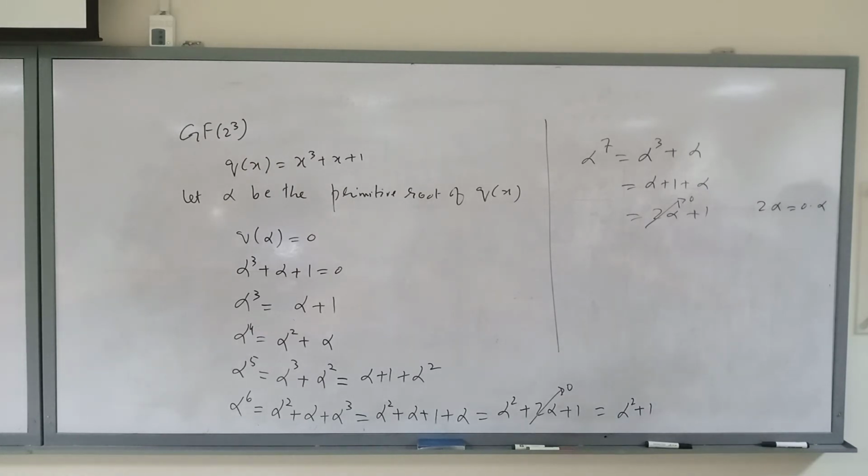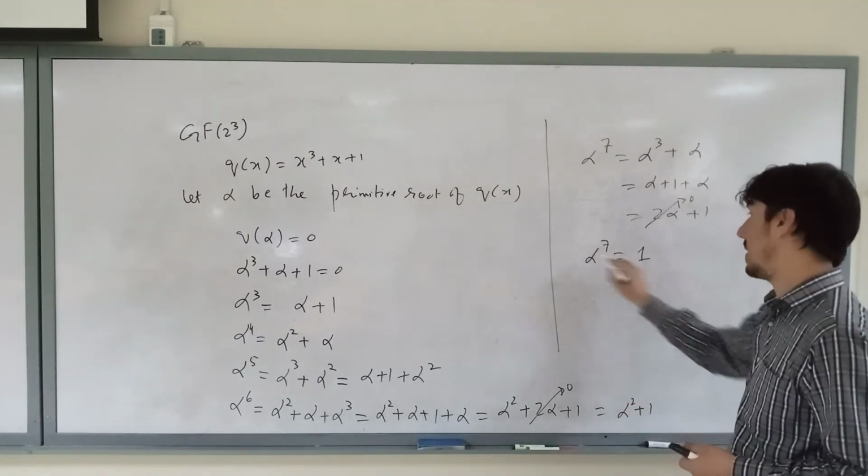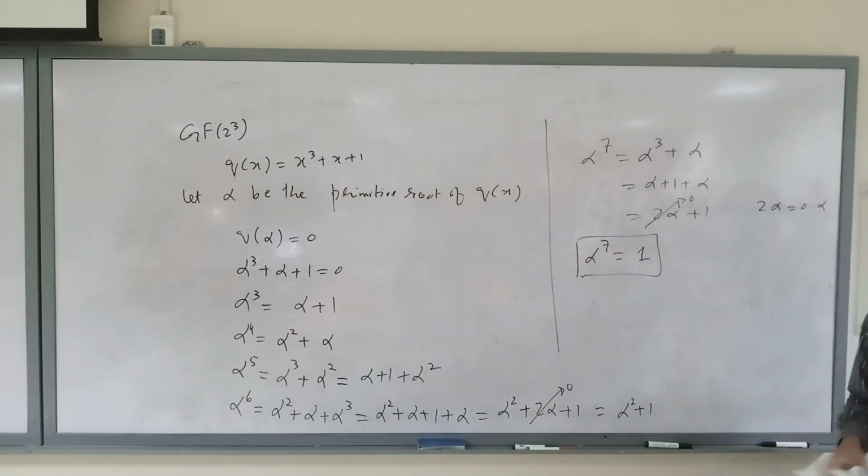You follow my calculation? Yes, sir. So alpha 7 is 1. If you can calculate alpha 8, what you will get?